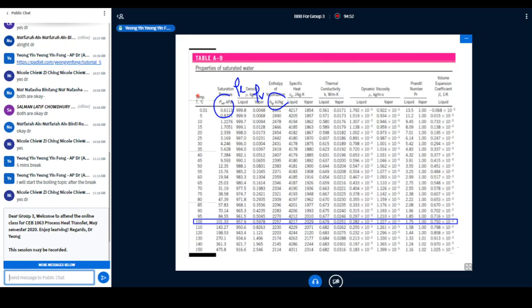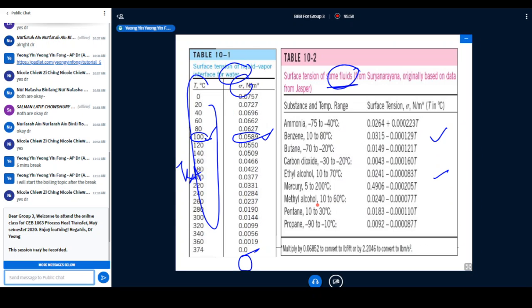Meaning that for nucleate boiling, you need a few tables: the properties of water or the liquid, the surface tension table, and also the coefficients and n values table. That's why the heating plate is very important.